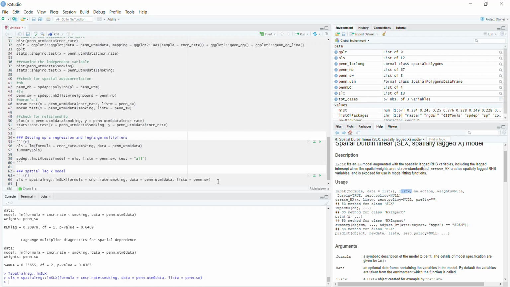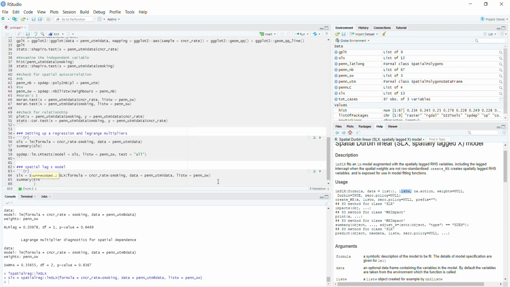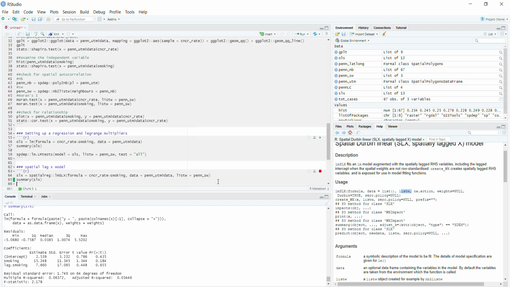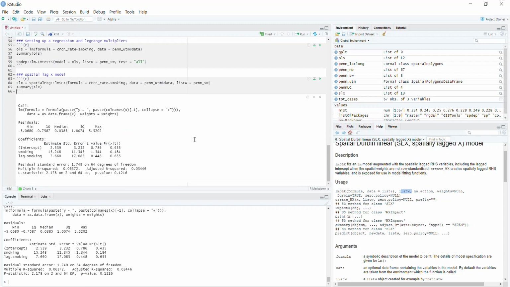If we want to investigate it a little bit, we're going to use the summary function just like we did with the regular OLS, and we're going to summarize the spatial lag X model. If we run that, you'll see here that we have something very similar to what we've seen in the past. But now you'll see that we have the smoking here, and then we also have this lag of smoking.